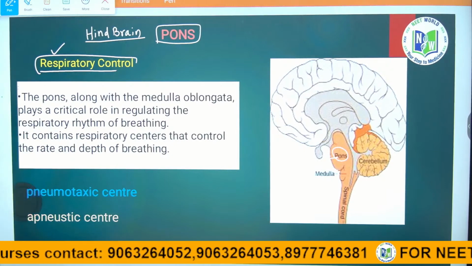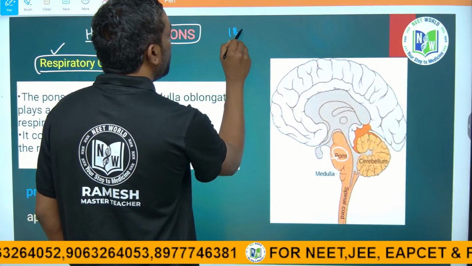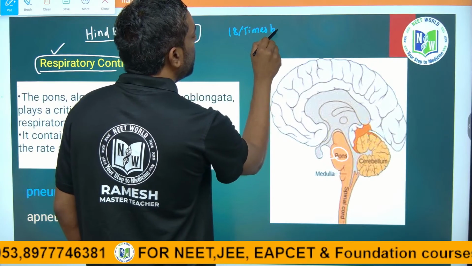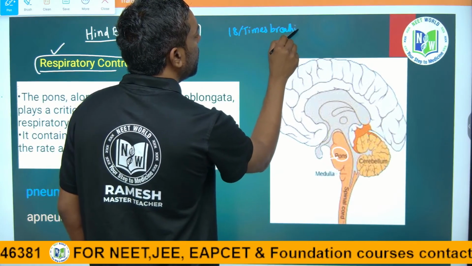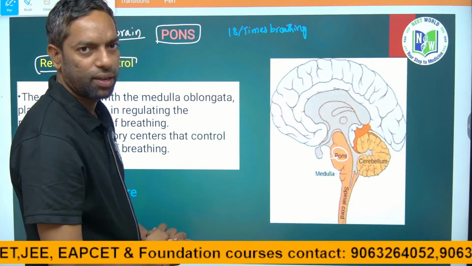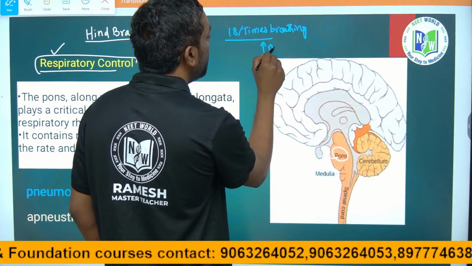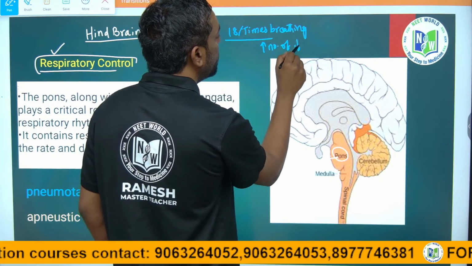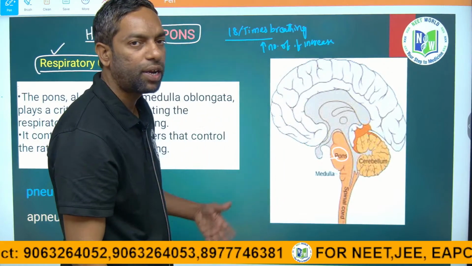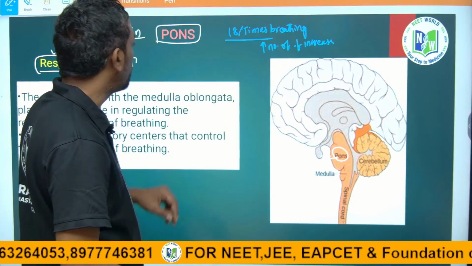Let's quickly look at that, guys: 18 breaths per minute. If there is any change in the breathing, meaning the number of breaths increases, what happens? If the breathing rate increases, the pons can take the action.